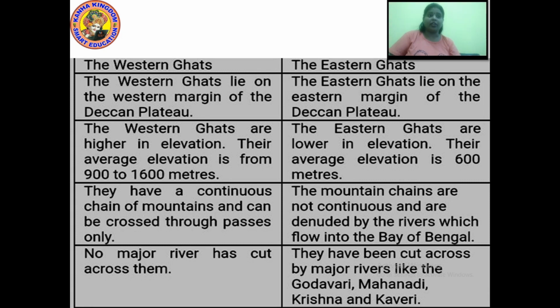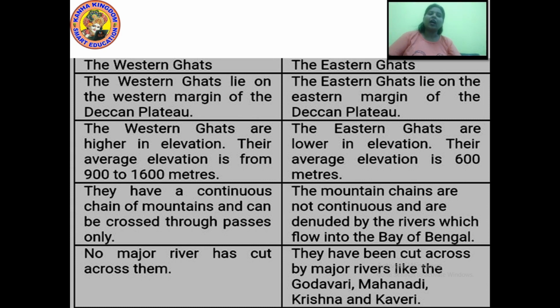Their average elevation is from 900 to 1600 meters. Have you seen, when we are drawing the mountains, we are drawing like this. So the Western Ghat is having the ranges, dividing like this at the height of 900 to 1600 meters.